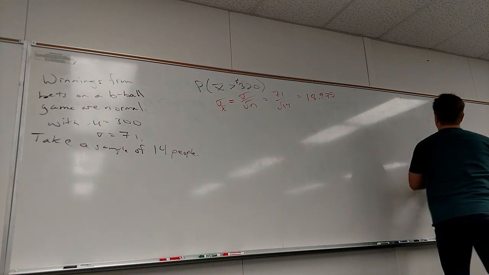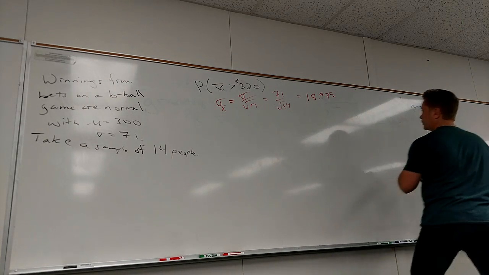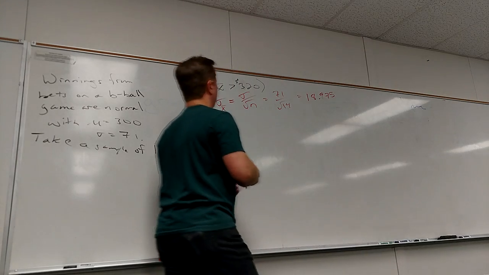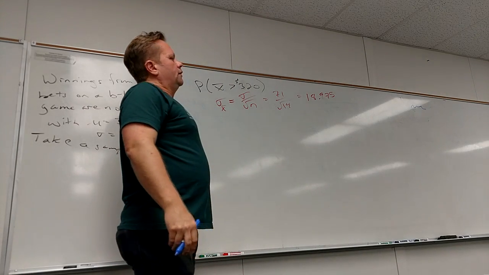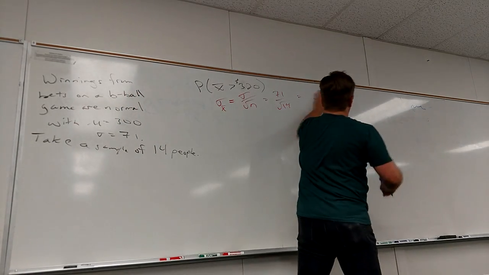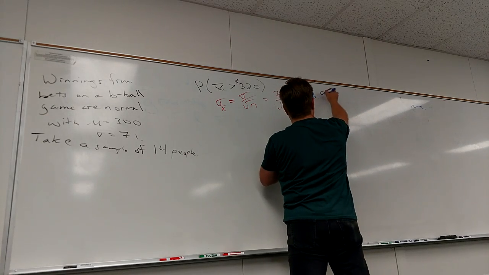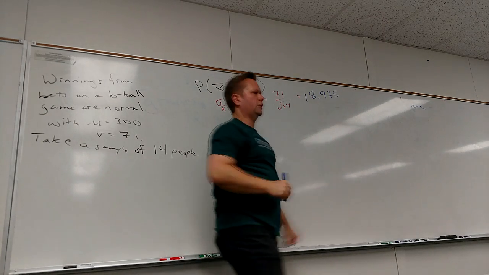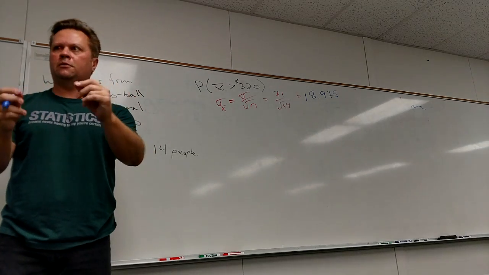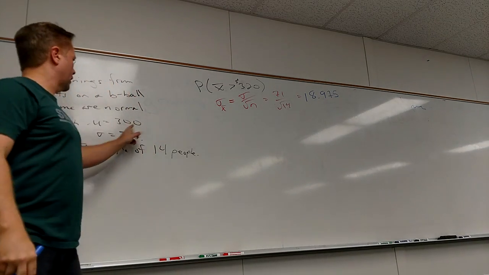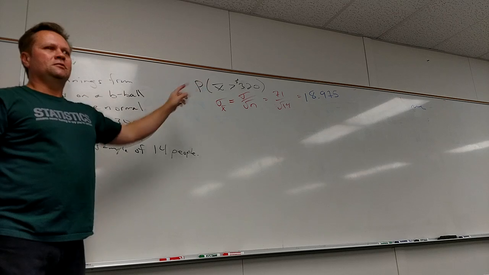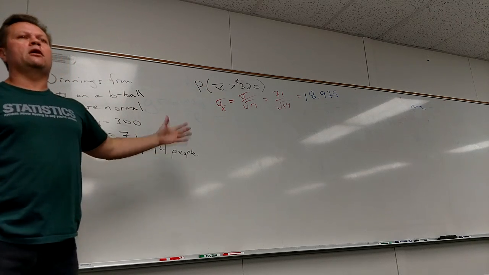I just gotta find it. I'll write bigger too. All right. So that's the spread for the problem I'm given. This spread, I needed it, but I can't use it directly because I'm talking about groups of size 14.